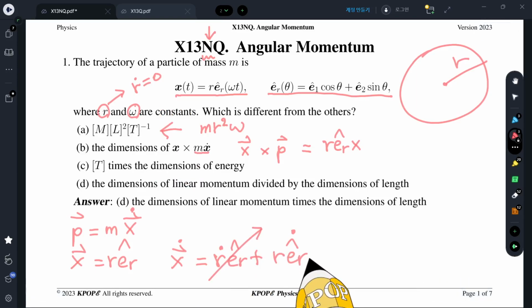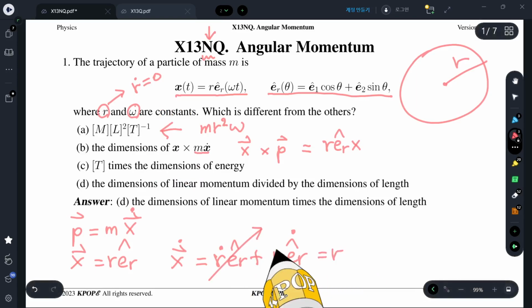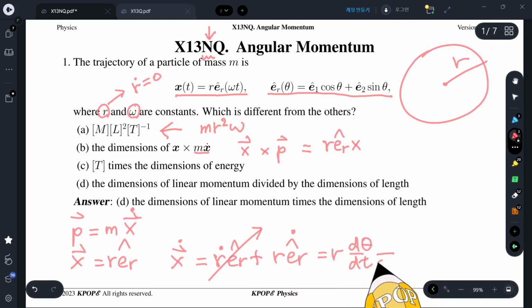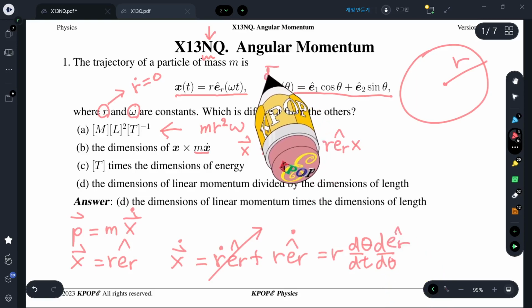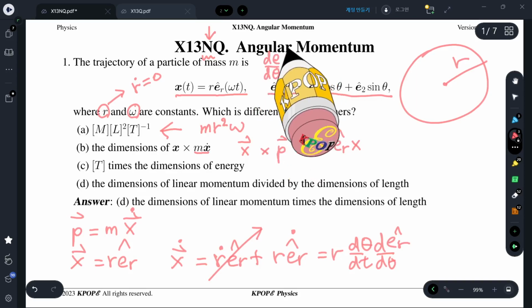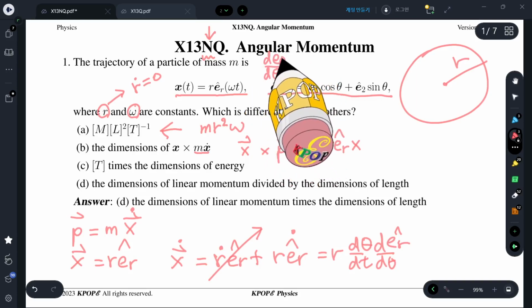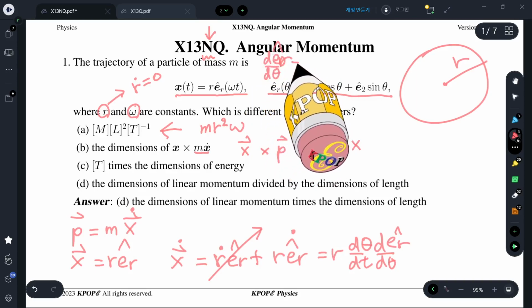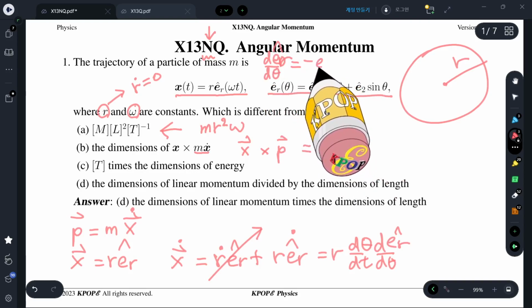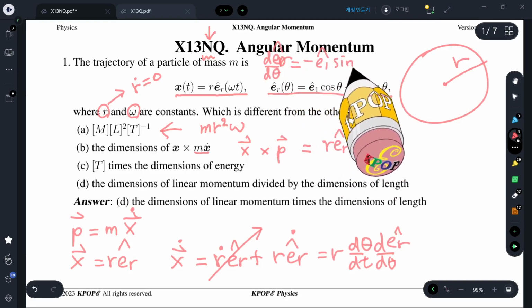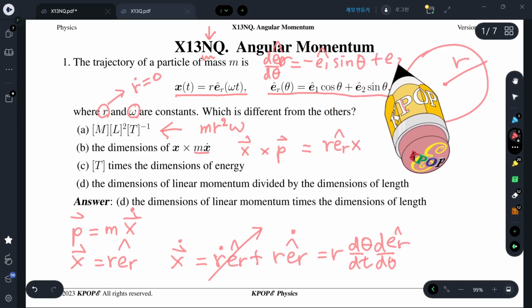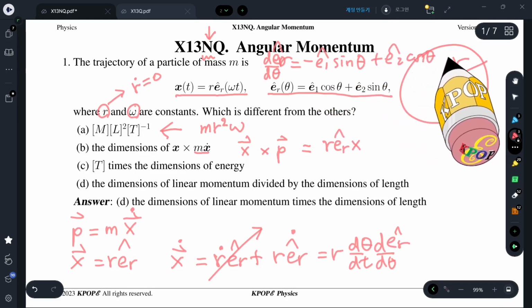And e_r dot, by making use of the chain rule, is theta dot times the angle derivative of e_r, which is minus e_1 sine theta plus e_2 cosine theta.